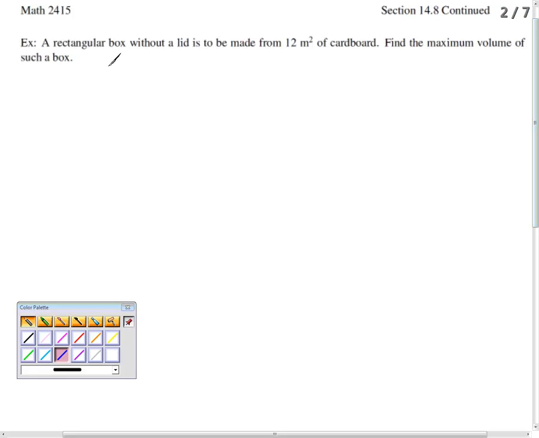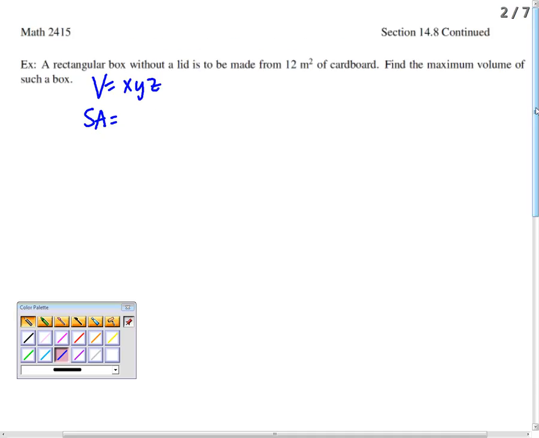Okay, so let's set this up. I have my box. From before, I know that volume was x, y, and z, and my surface area was, it didn't have a lid, or it did? It did not. Let me draw the same picture. I don't have much room, but you get the idea, hopefully.